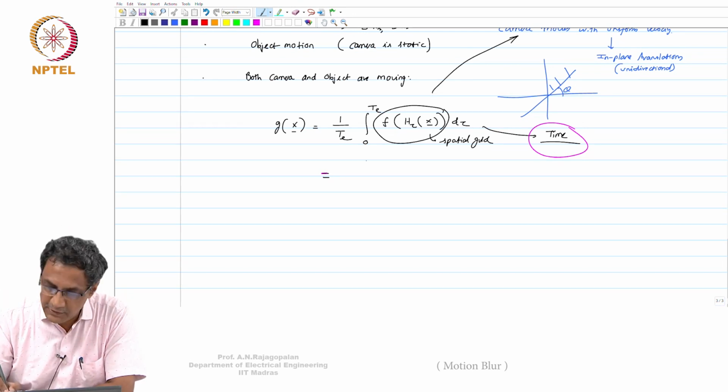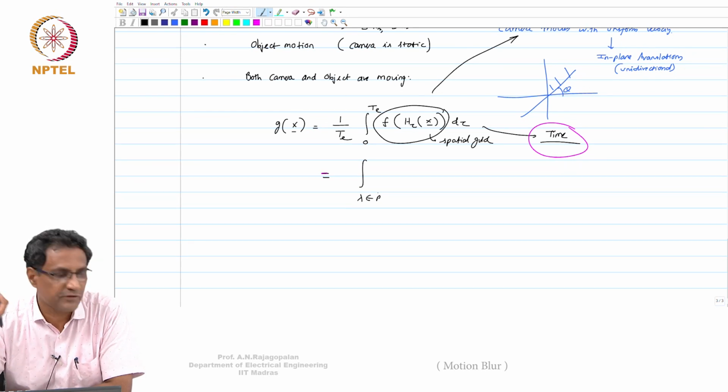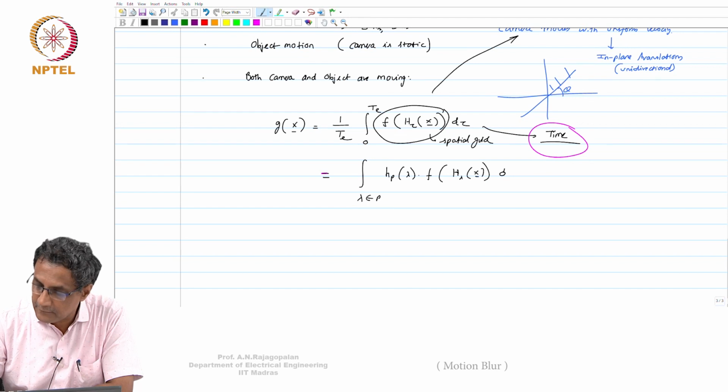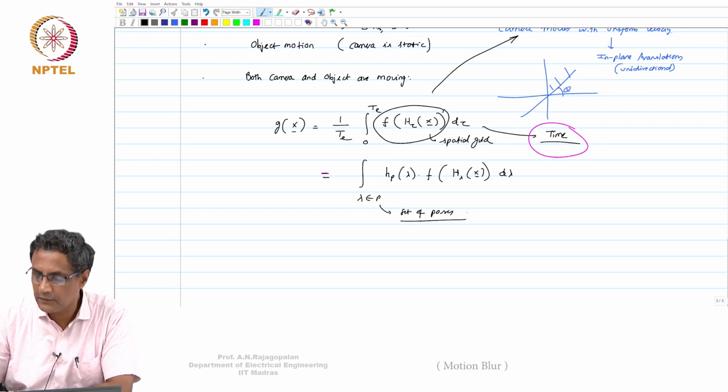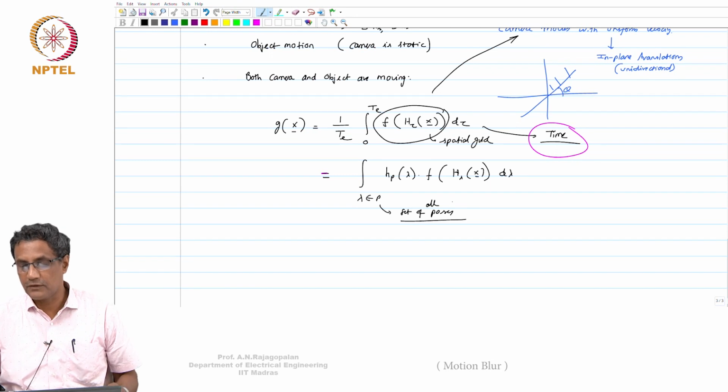They said this is exactly equal to, there's no approximation, the integral over lambda of H_P of lambda f of h lambda of x, d lambda, where P is the set of all poses.